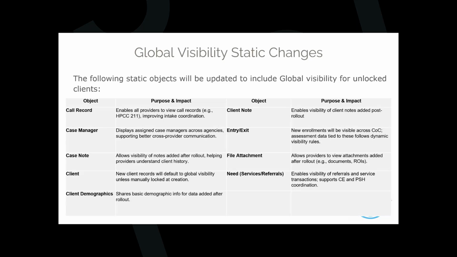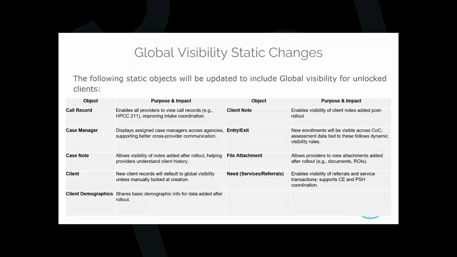So if by mistake you enroll a client while you're in EDA mode, it's not going to prevent that client from being globally visible to everyone in the system. In cases where you do need to lock the record or the client chooses not to have their information shared, you would have to go in and manually lock the record.